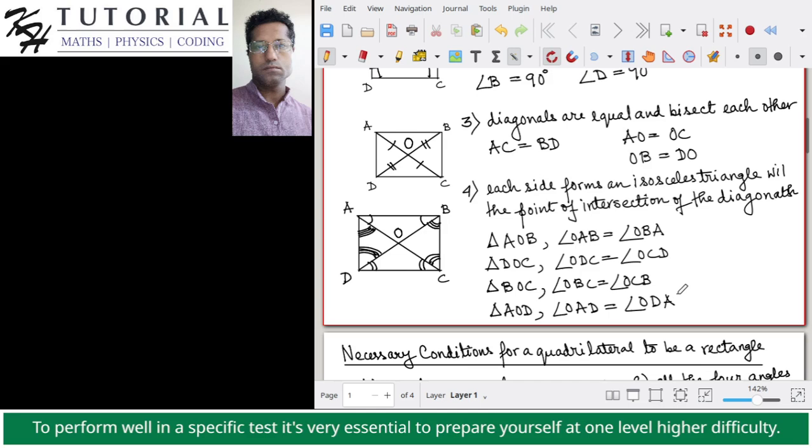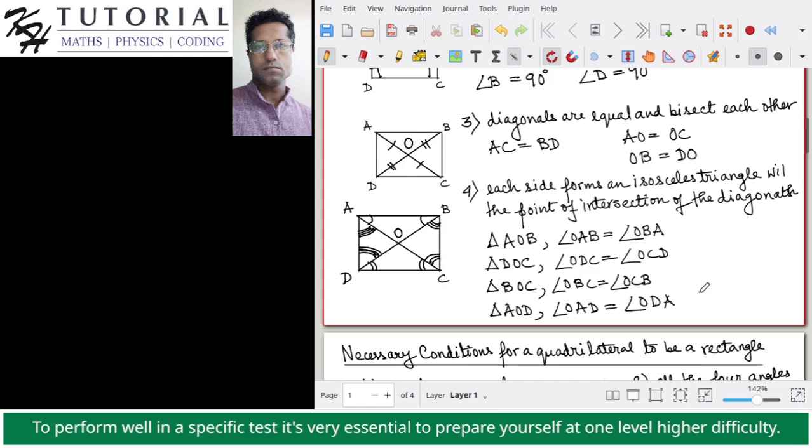So this is also a very important result in a rectangle. Each side will create an isosceles triangle with the point of intersection of the diagonals, and the two angles made by the diagonals at the two opposite ends of a side will be equal.